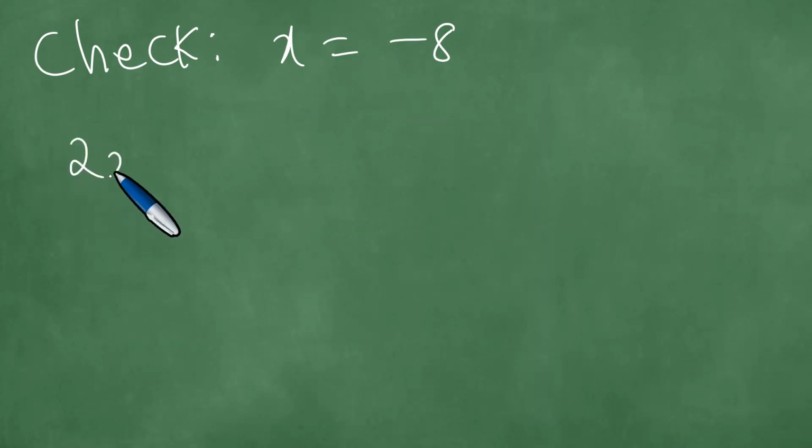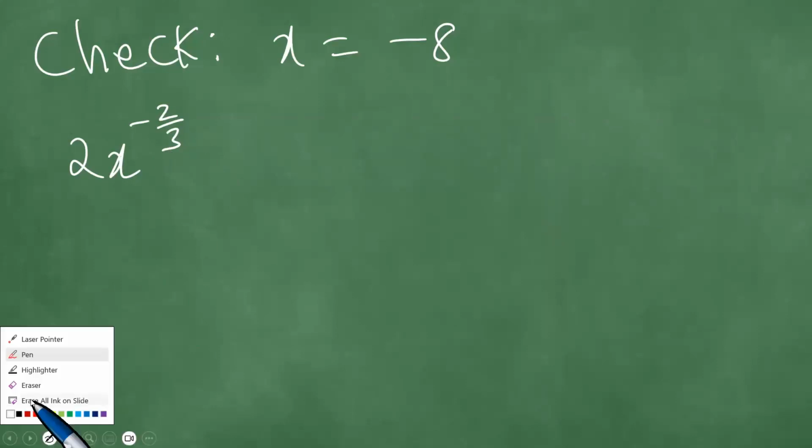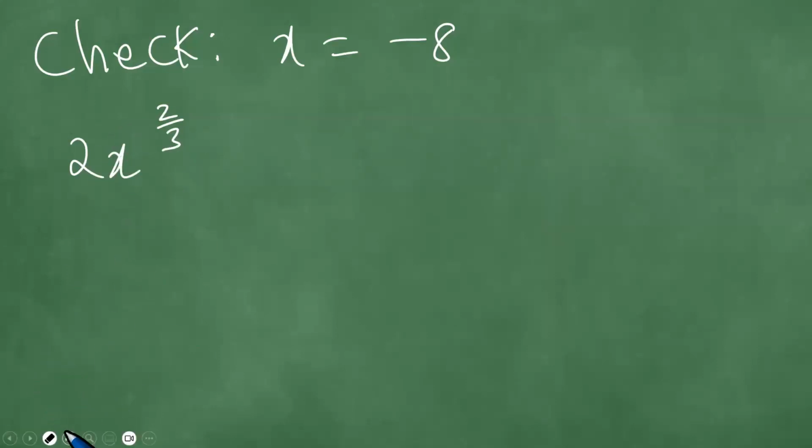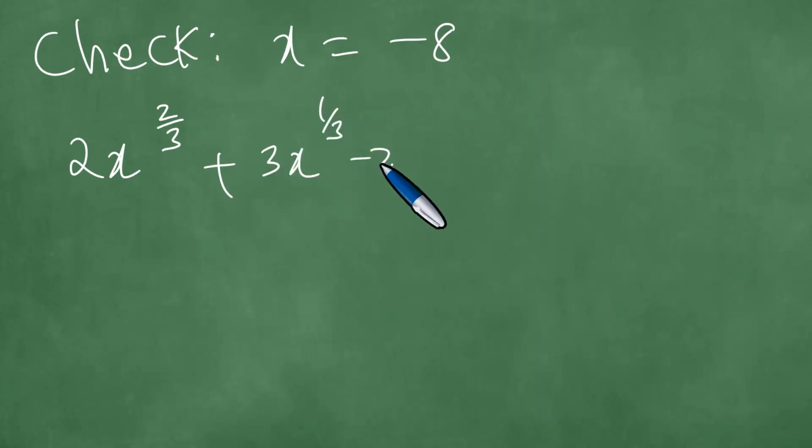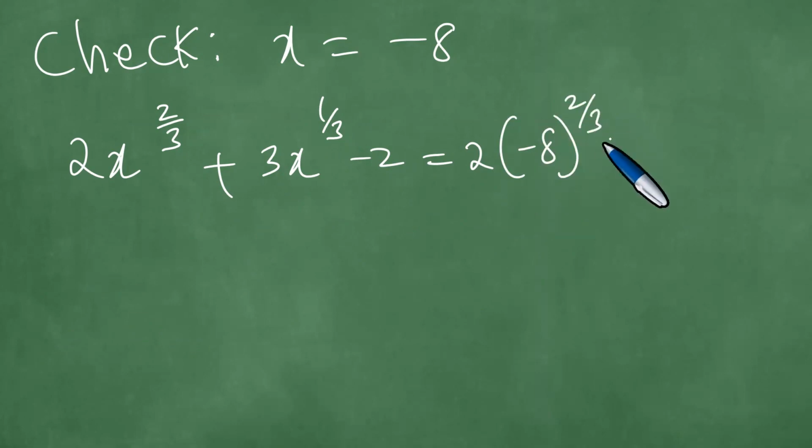So we have x to the power 2/3 plus 3x to the power 1/3 minus 2, and we are putting in the place of x, -8 to the power 2/3 plus 3 times -8 to the power 1/3 minus 2.